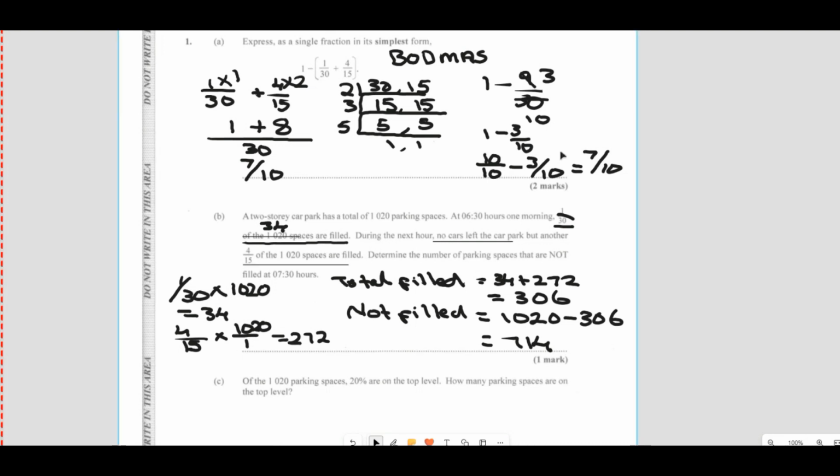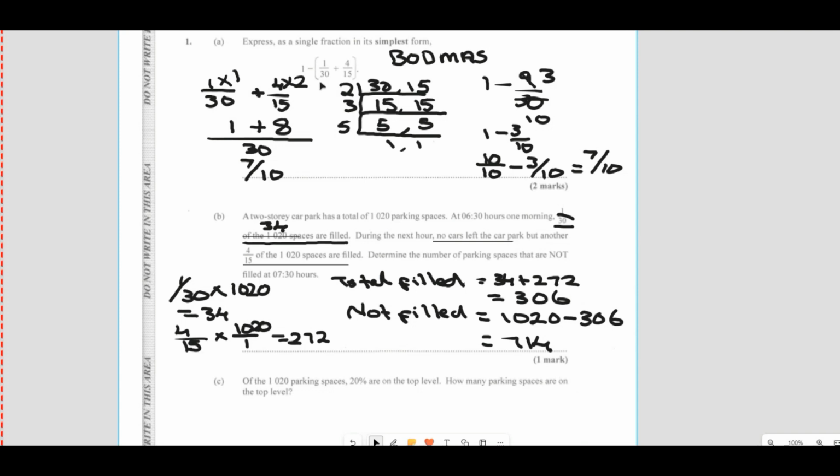So 7 over 10 is not filled. You could have just said 7 over 10 multiplied by 1020, which is 714. That is probably why this is 1 mark.